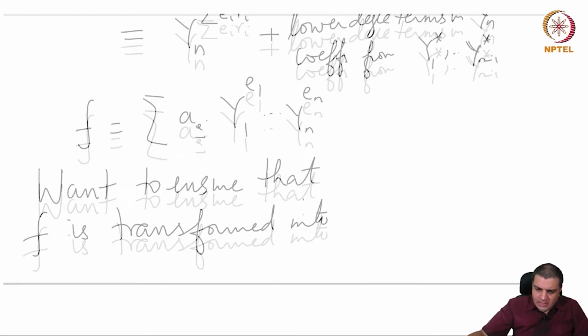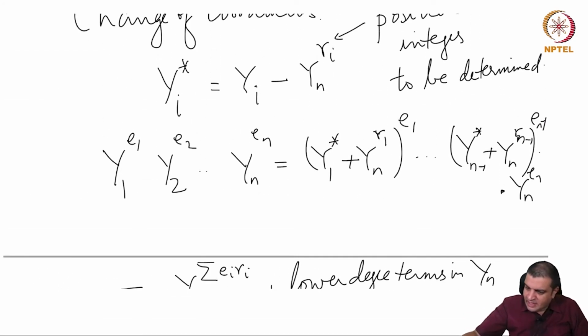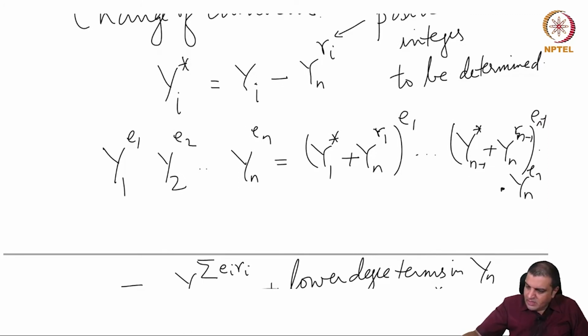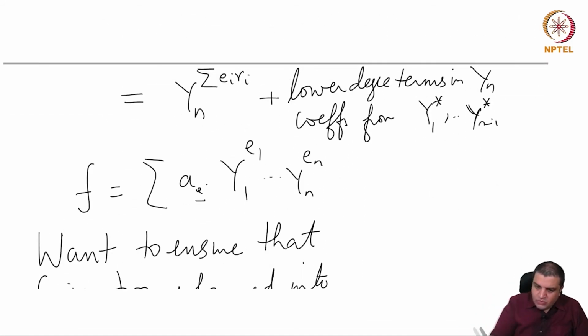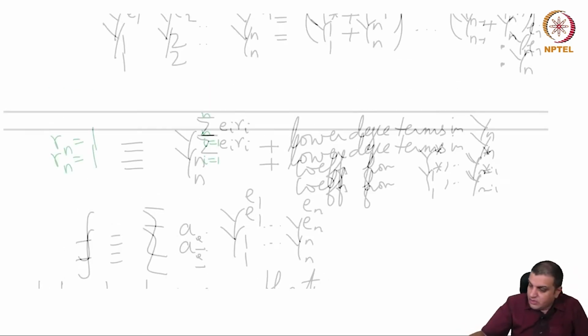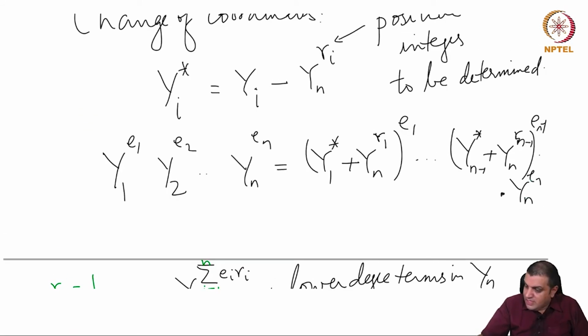Sorry, just one clarification here. So this sum is over 1 through n, and r_n is 1. Recall, that's how the sum will come: it's e_n plus r_n e_{n-1} and so on.